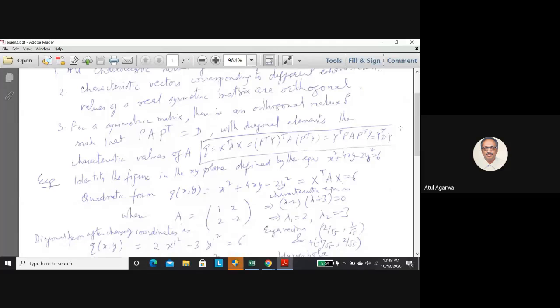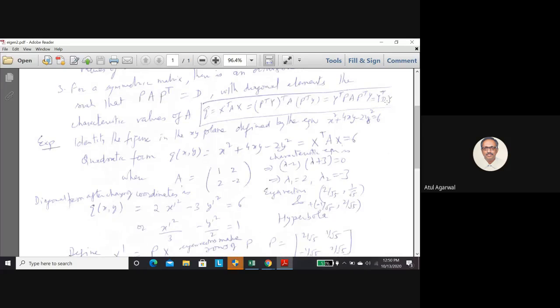So this is a diagonal form. Off-diagonal terms are 0. So this equation will have only diagonal terms. So what will be there? Diagonal terms are what? D11, D22, D33. So you will get D11 y1 square plus D22 y2 square plus D33 y3 square.